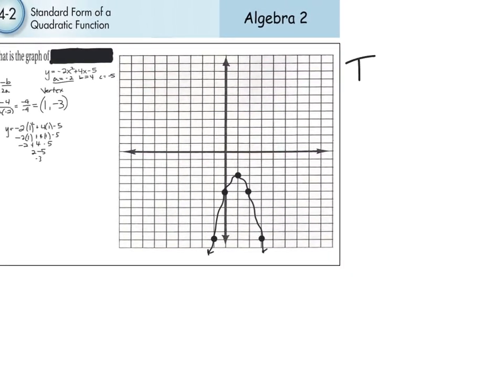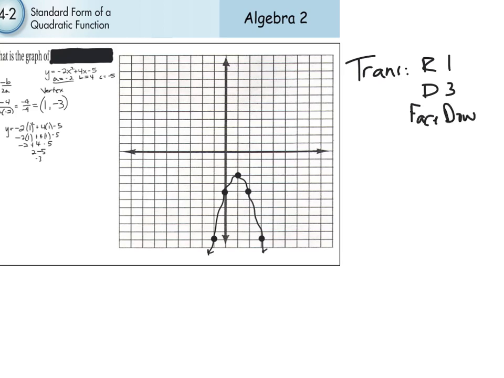Okay, now we've got to talk about transformations. What are our transformations on this one? Well, look at the vertex. The first number tells me we're going right 1, and we went down 3. Then, this is also facing down. That's a transformation. How do you know it's facing down?